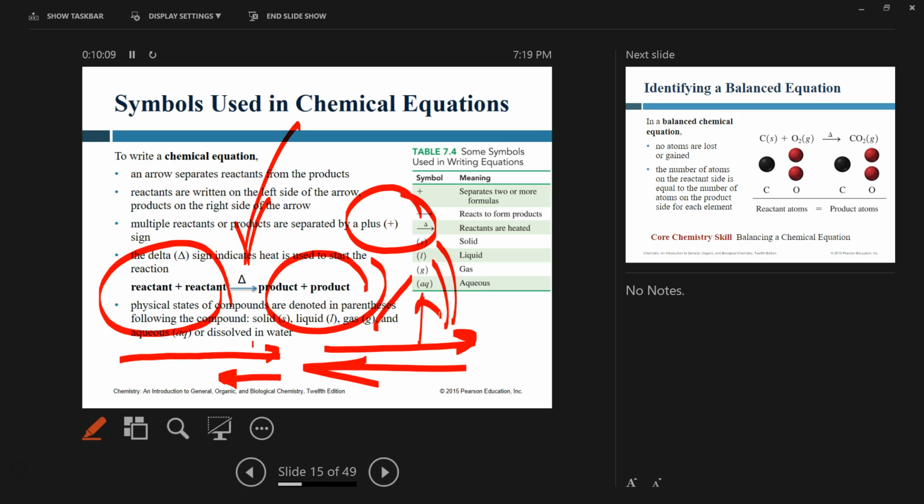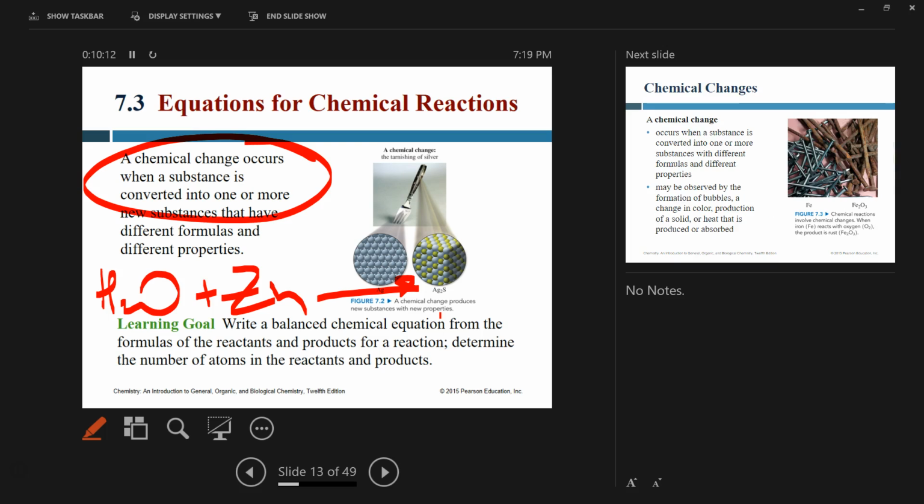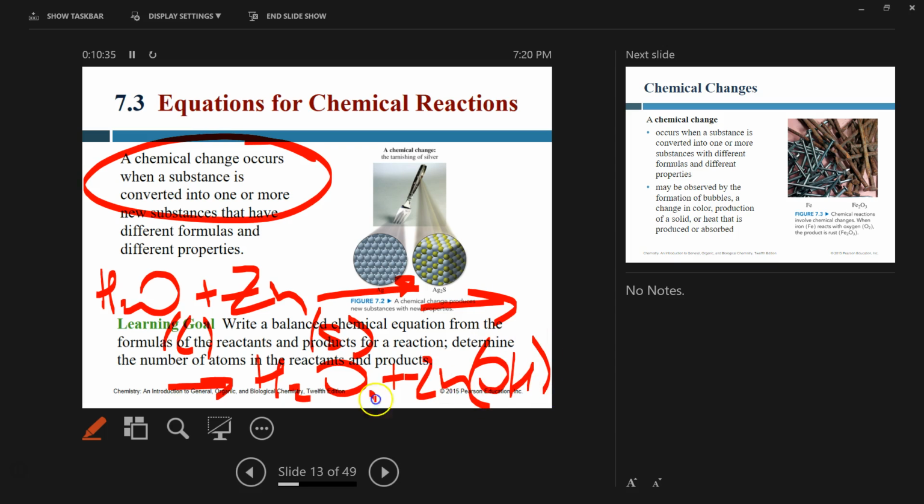So, for instance, in the reaction that I wrote here, water at room temperature is liquid. Zinc at room temperature is solid. And what's produced is hydrogen, which is going to be gas, and aqueous zinc hydroxide. I just don't have space to write it down.